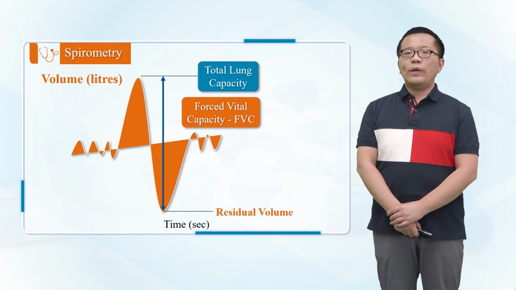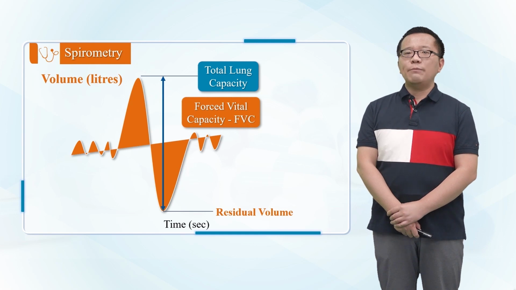In this picture, we can see that the total lung capacity is the sum of inspiratory and expiratory reserve volume plus the tidal volume and the residual volume. FEV is the maximum amount of air you can forcefully exhale during a given period of time.